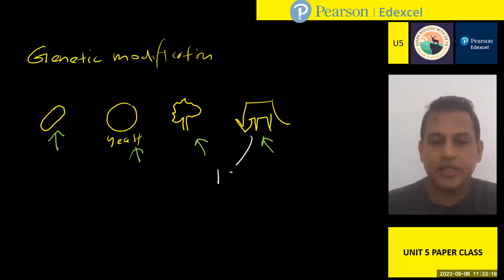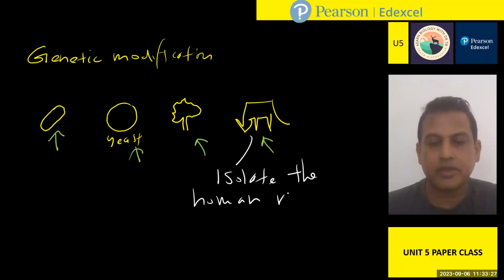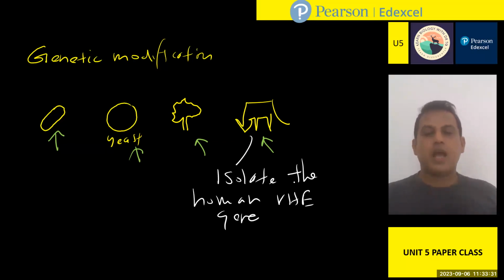we have to isolate the human gene, RHE gene. Isolate the human RHE gene. Now how do we do that?